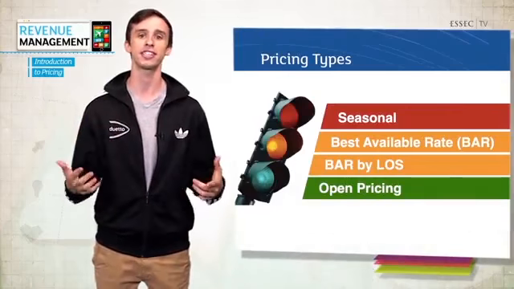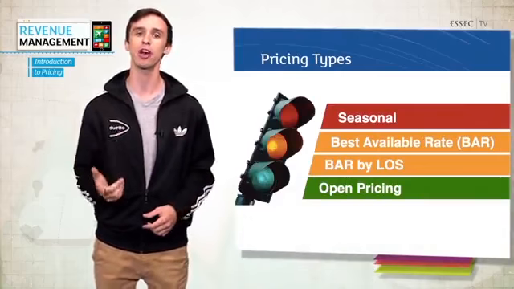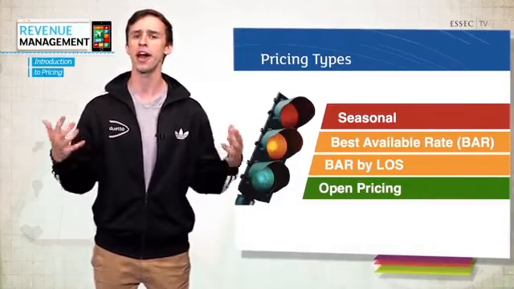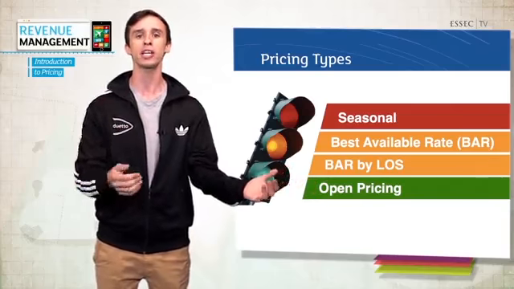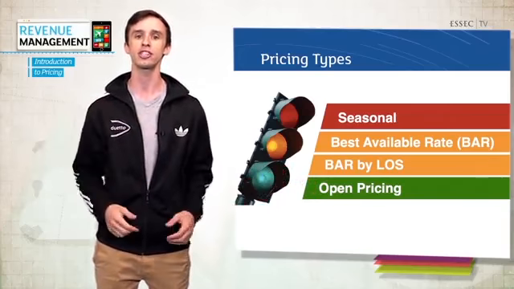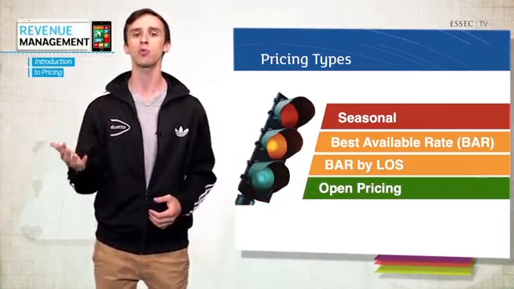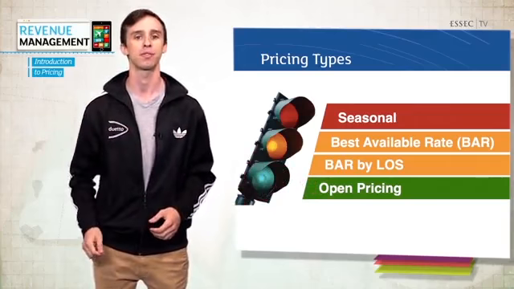The hotel industry is finally reaching a point where technology can allow for fully dynamic pricing. Open pricing is something that's become much more popular in the hospitality industry over the past years as integrations between revenue systems, property management systems, and central reservation systems have made dynamic, real-time pricing a reality.